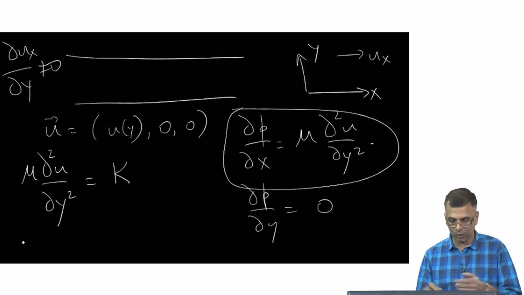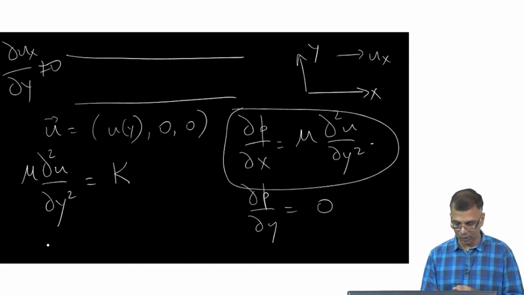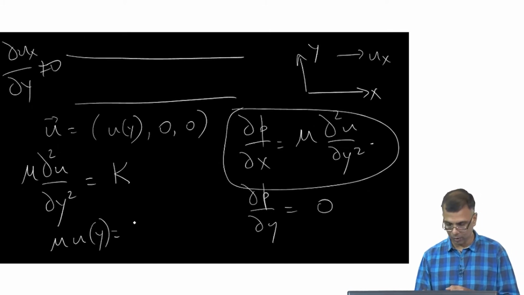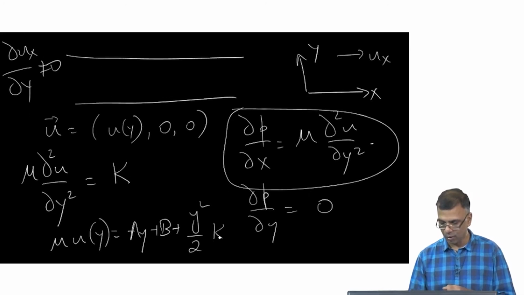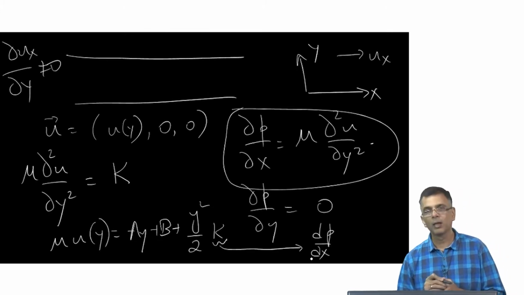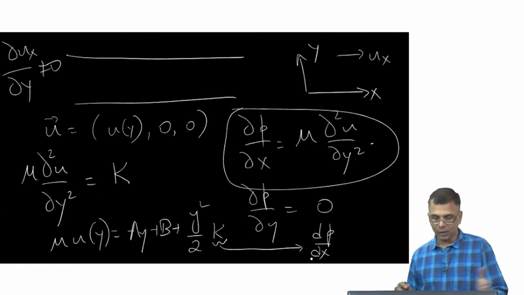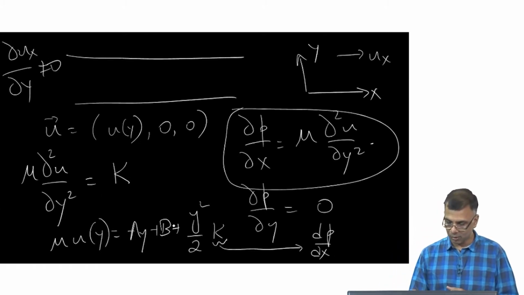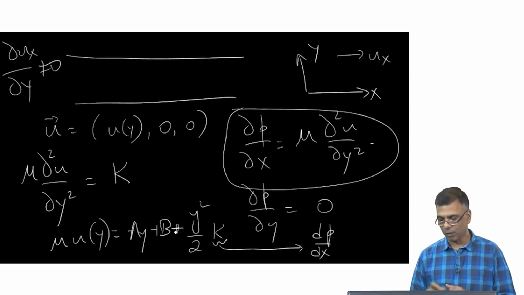This is a very simple equation to integrate, and in particular the solution would be u equal to ay plus b plus y squared over 2 times k, where this k is really the pressure gradient in the x direction. So this is a plus here. I beg your pardon for my handwriting.